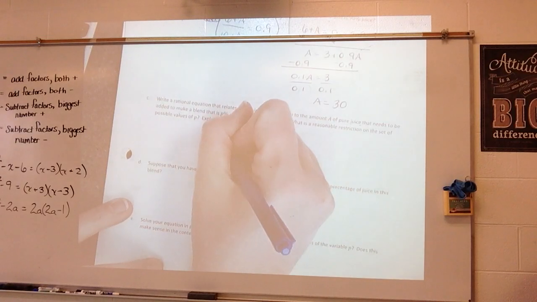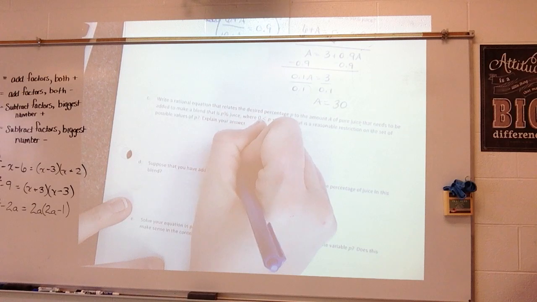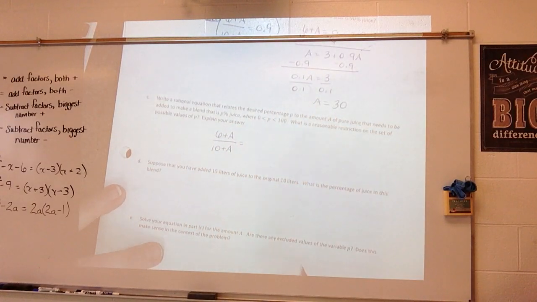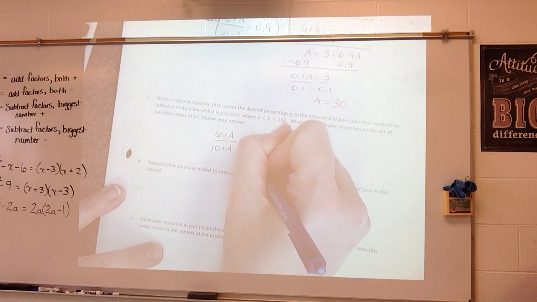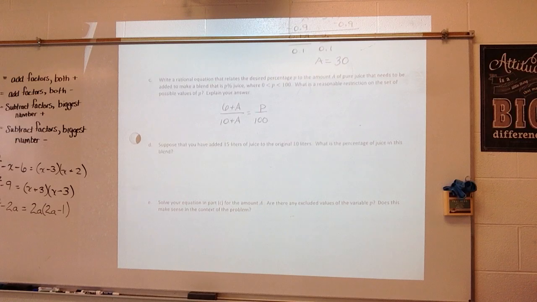So in this case, I'm going to use the same equation I've been using, only this time I don't know my percentage, so I'm going to put P over 100 because we all know that a percentage is out of 100. Okay? So in this case, we would need to have somewhere between 60 and 100 liters for the problem to make sense.